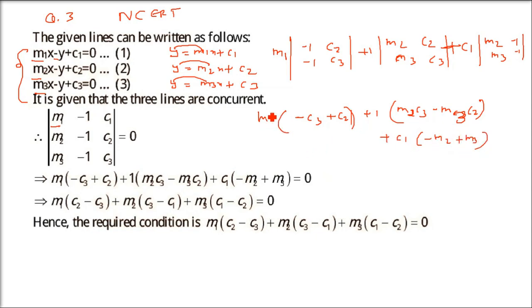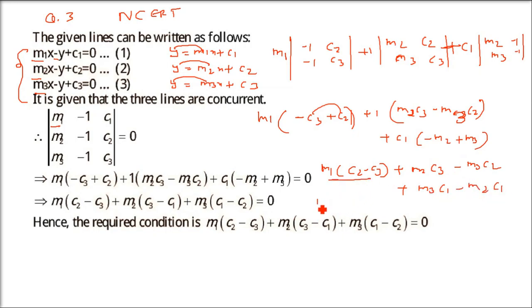Now we can write this as m1 and exchange the places, so c2 minus c3. Here m2c3 minus m3c2 is there, and you can expand it, and here we have minus c1 m2, or you can use m3 first, so m3c1 minus m2c1.